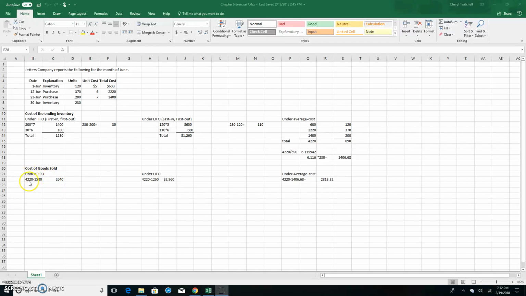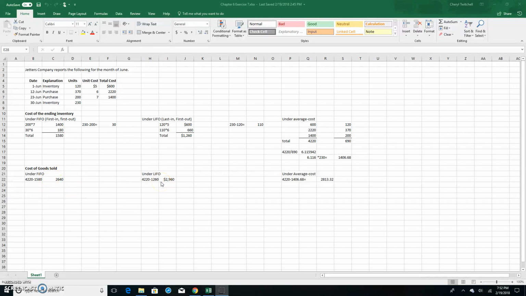Now for the cost of goods sold, this is a little bit easier to find out. Under FIFO, all we do is take the total cost of goods available, which we found over here. It was 4,220. We subtract the cost of the ending inventory, which is 1,580, and it's equal to 2,640.